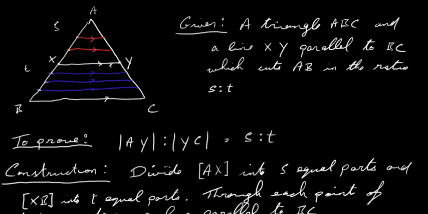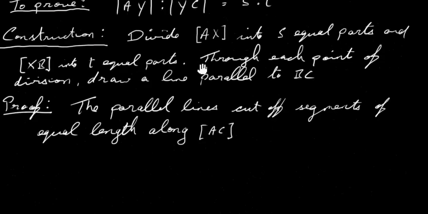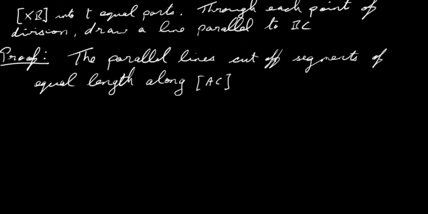So we have equal segments all the way down along here. All of this is equal to this, equal to this, this, and this. These are all equal segments all down along here. So the parallel lines cut off segments of equal length along AC. This is a previous theorem.